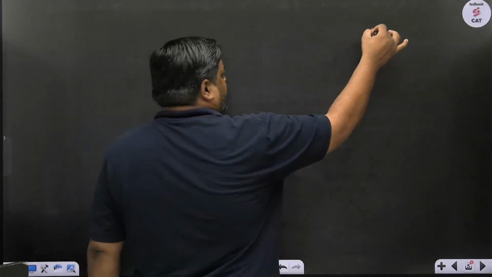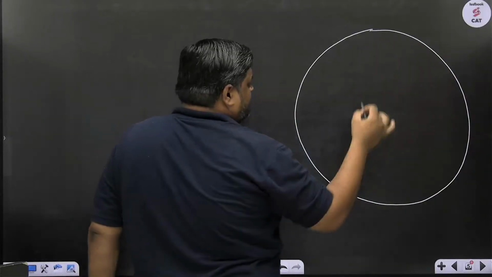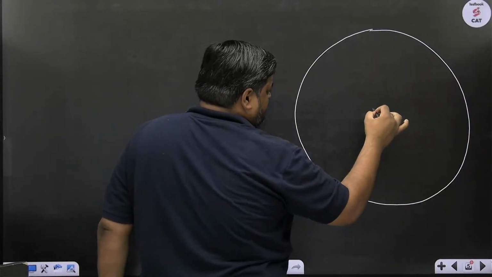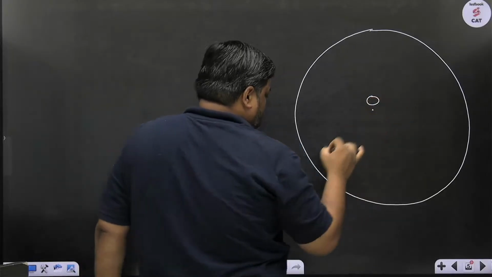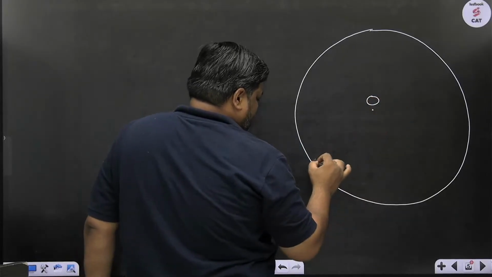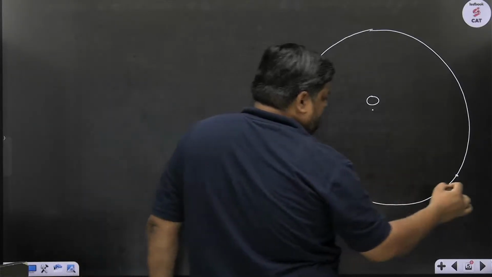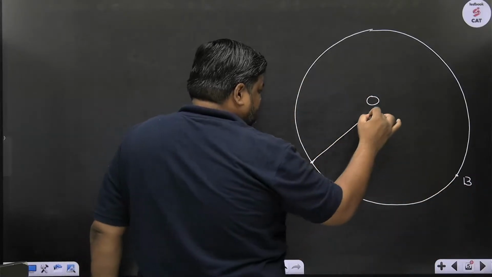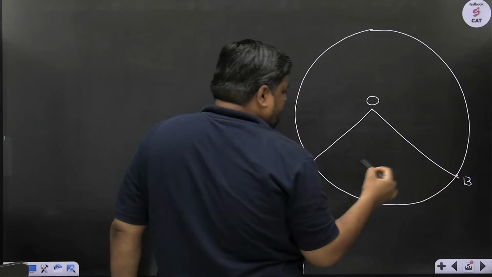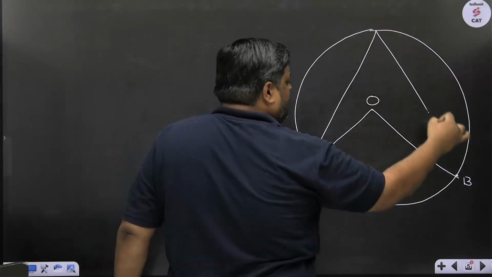So I'll draw a triangle. ठीक है, let the center be O and let the 2 points be A and B on a circle. देखो, suppose I draw this angle, I connect this and I draw this.